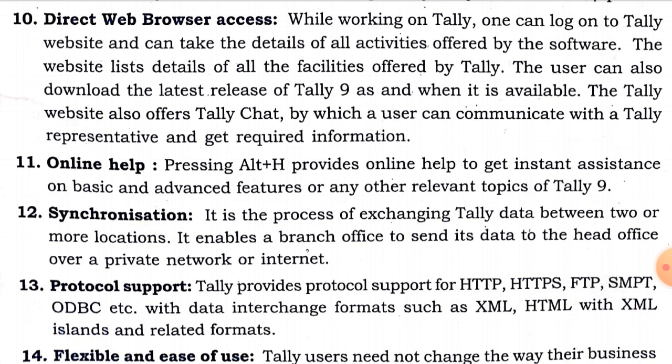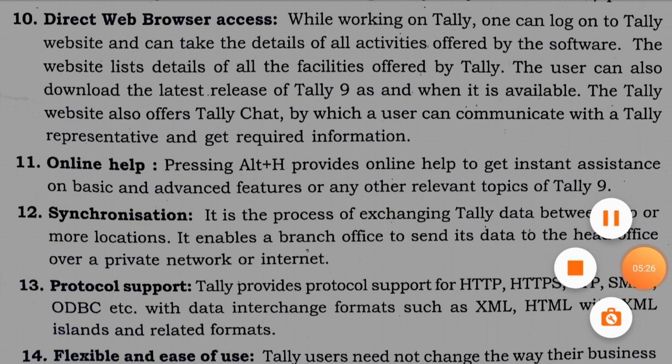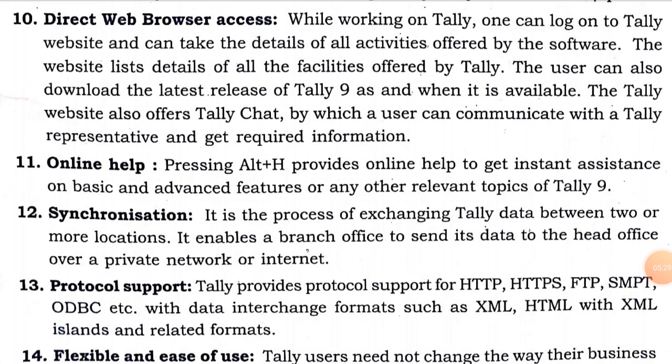Eleventh point, online help. By pressing Alt H, you get online help. In every software you can see an option of online help which will clear our doubts. Like that, Tally also has a feature of online help. Then synchronization. Synchronization means Tally helps to exchange data between two or more locations.